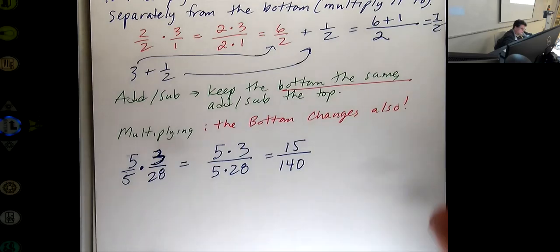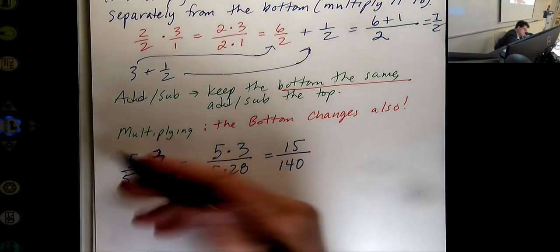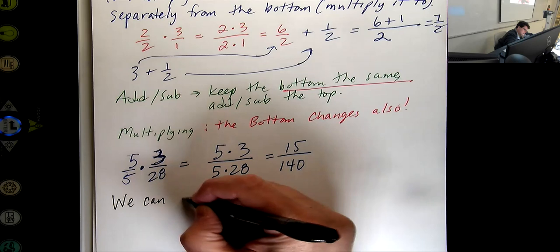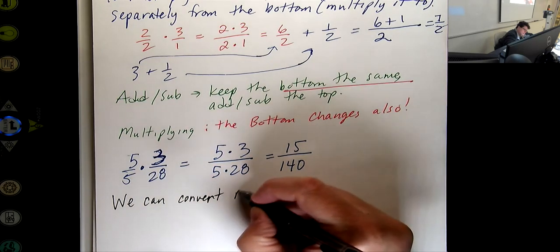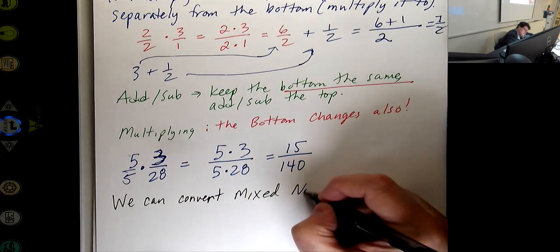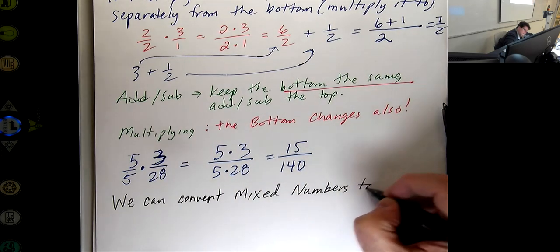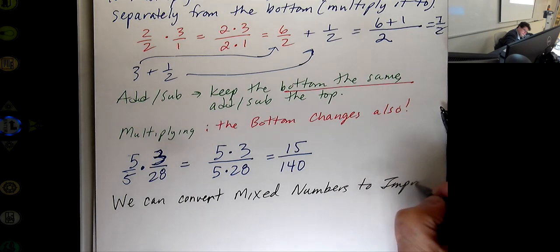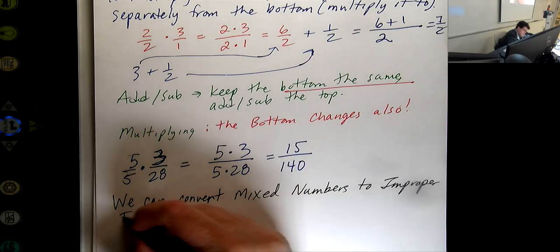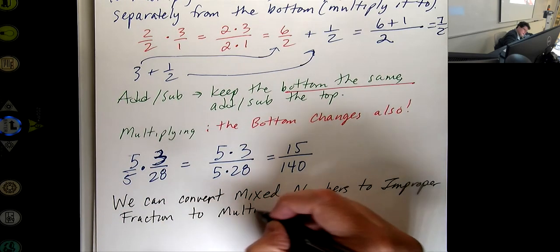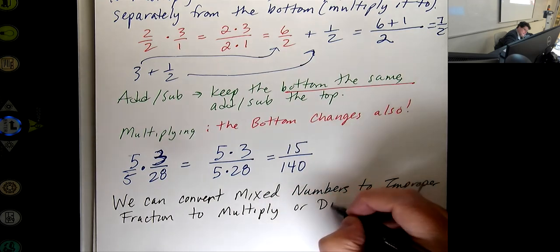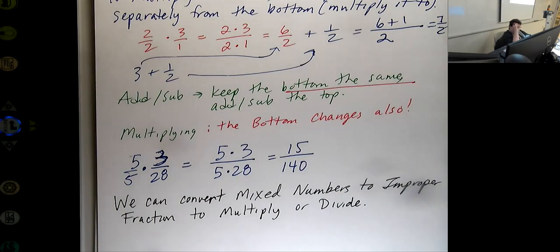So that's how we can convert mixed numbers to improper fractions to multiply, or divide. I haven't covered division yet. But I want to cover the other things we'll do with mixed numbers, like add and subtract mixed numbers.